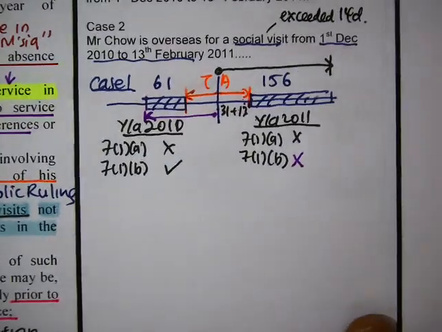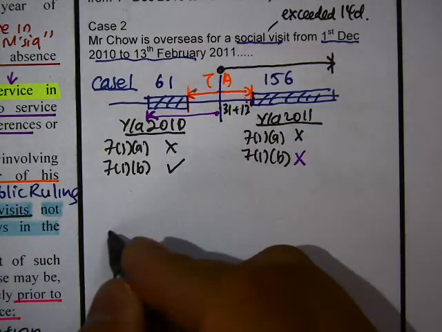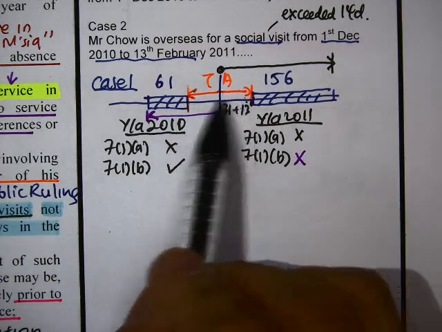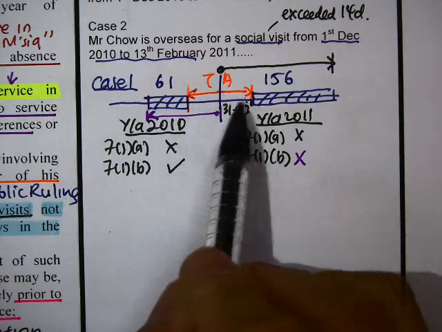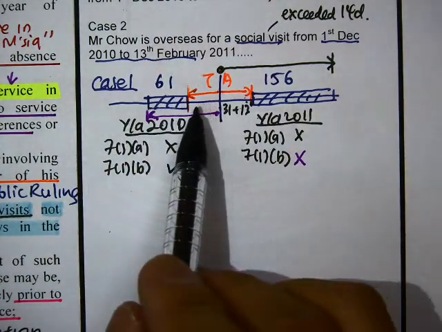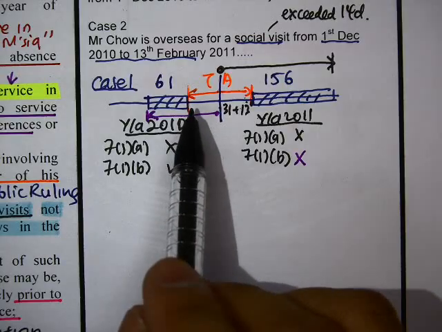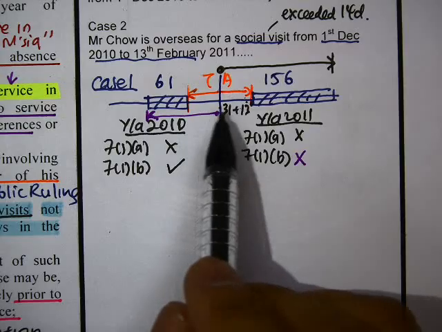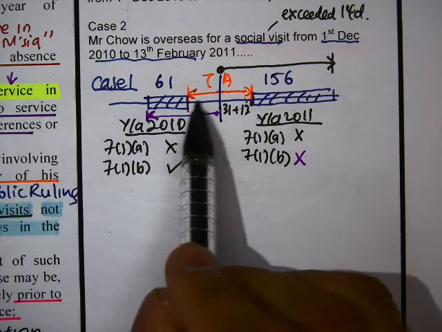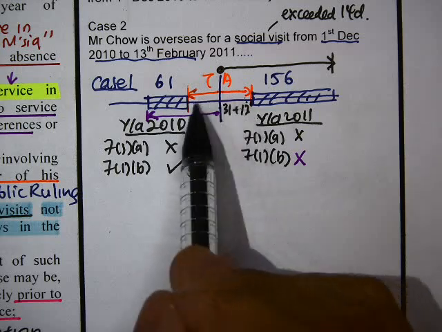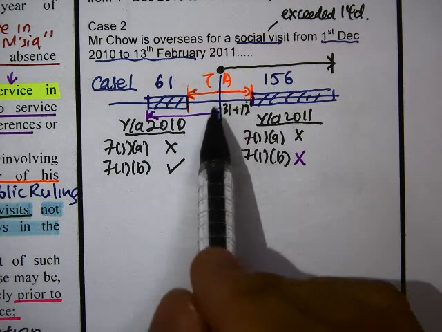So when you look at this period, because this is more than 14, it's nearly 31, 13, plus the remaining from 1st of December, which is actually 31 days. So all these come to about nearly 80 days. Once you count that 14 days of social visit, the remaining will not be permitted absence. Then you're going to have a gap.